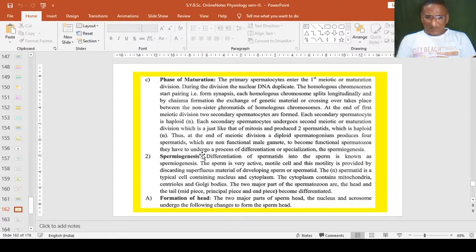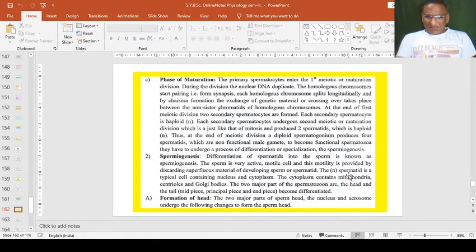Spermiogenesis means differentiation of spermatids into sperm. Differentiation means they acquire different structures. The sperm is a very active, motile cell, and this motility is provided by discarding superfluous material of the developing sperm, or we can say the spermatid.